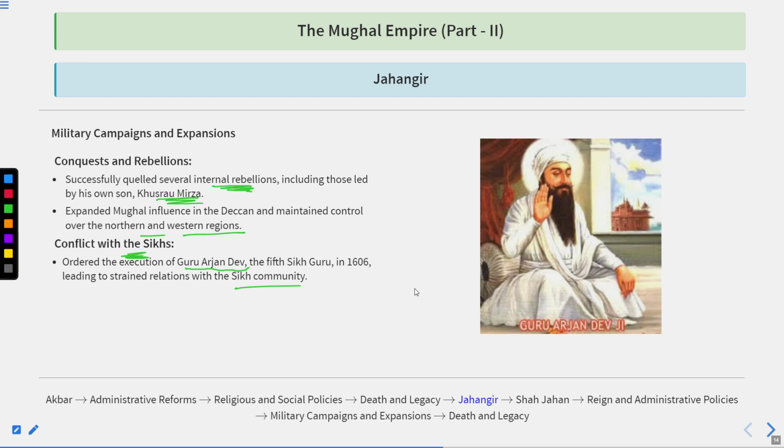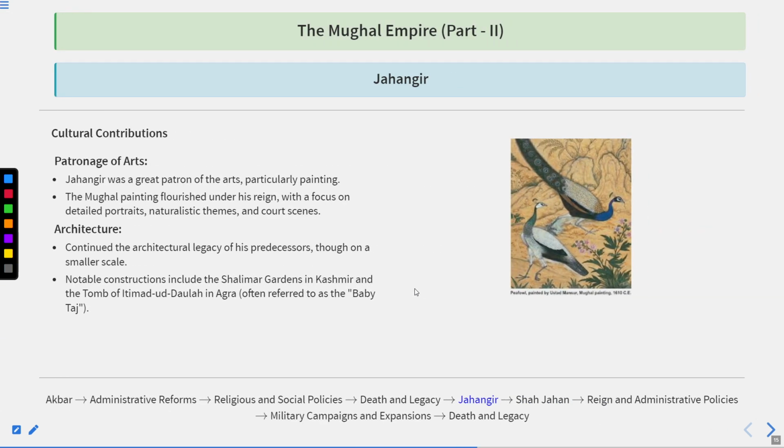In 1606, as I told you, his son attacked Jahangir. The son was supported by Guru Arjan Dev, the fifth Sikh Guru. When Jahangir got to know that his son was supported by the fifth Sikh Guru, Jahangir executed Guru Arjan Dev.